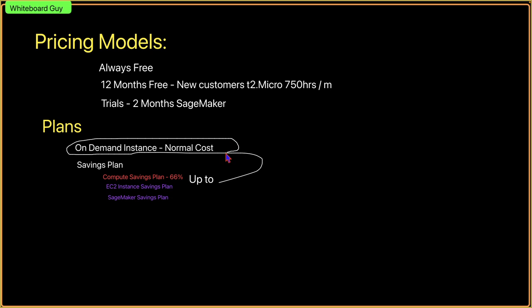So when they say you can get up to 72% on the EC2 instance savings plan, they are talking about a discount off the price of an on-demand instance.